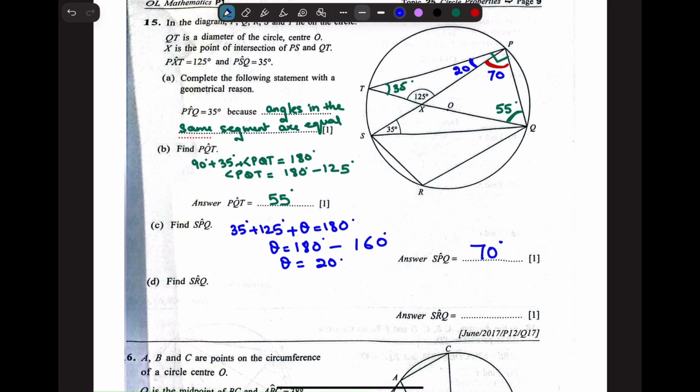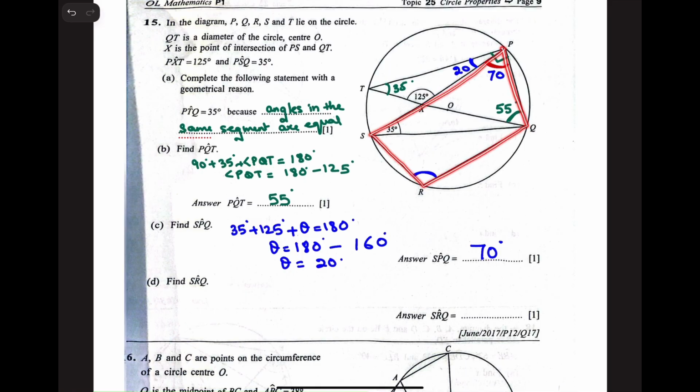Okay, find SRQ. SRQ, this angle. All right, so for that, I want you to focus on the quadrilateral PSRQ. Or PQRS, better. All 4 points are on the circumference, so PQRS qualifies as a cyclic quadrilateral. Okay, and what is the property?